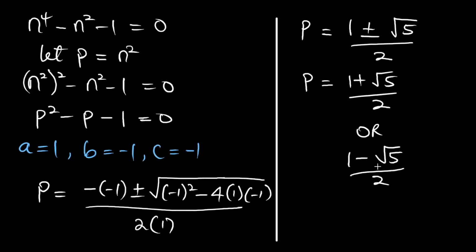Now let's look at these two solutions. If I were to simplify this, I'm going to have a negative number because root 5 is about 2 point something. So 1 minus 2 point something is going to give us negative.